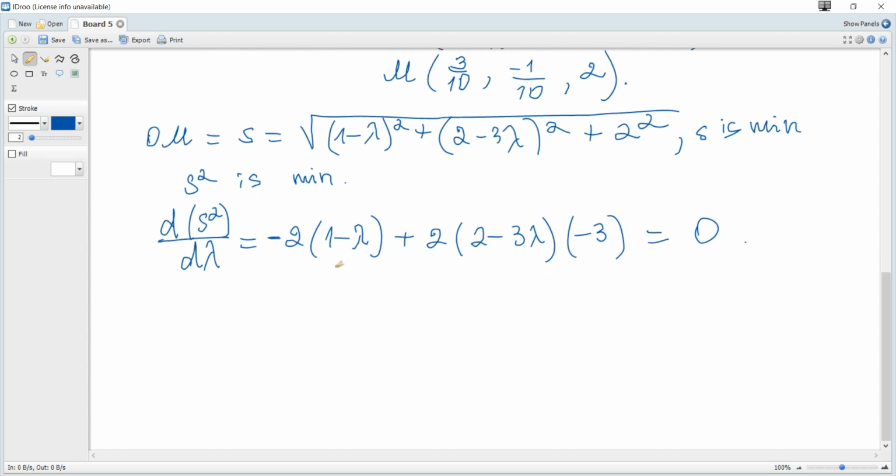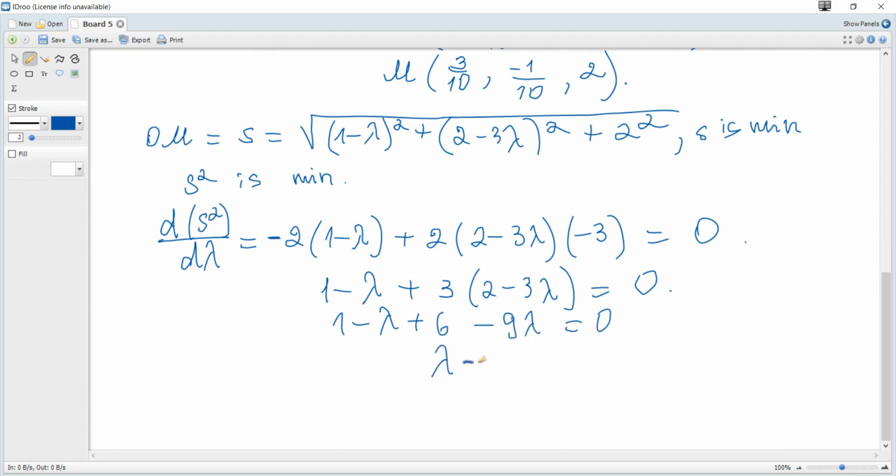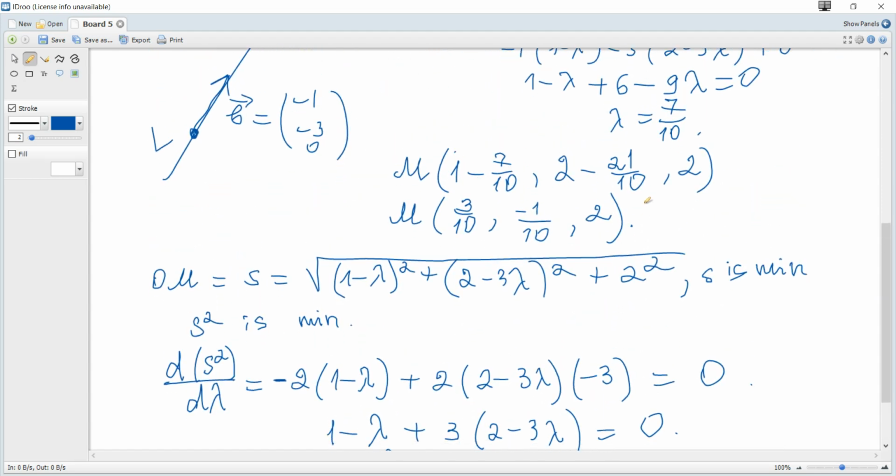We can divide by 2 and by negative 1 and get 1 minus lambda plus 3 times 2 minus 3 lambda equal to 0. It is 1 minus lambda plus 6 minus 9 lambda is 0, hence lambda is 7 over 10, and we can see that we get absolutely the same result.